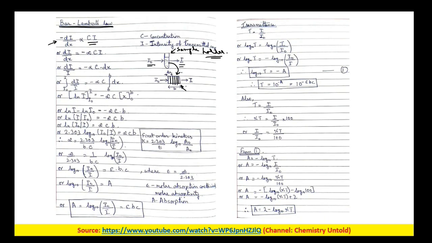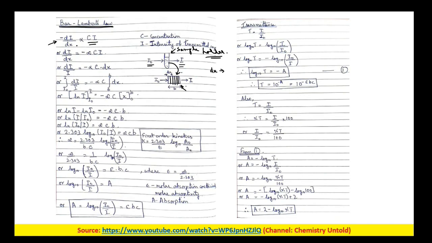So when the light is passing through the sample holder, the subcell having a width of dx is absorbing some light or some photons.